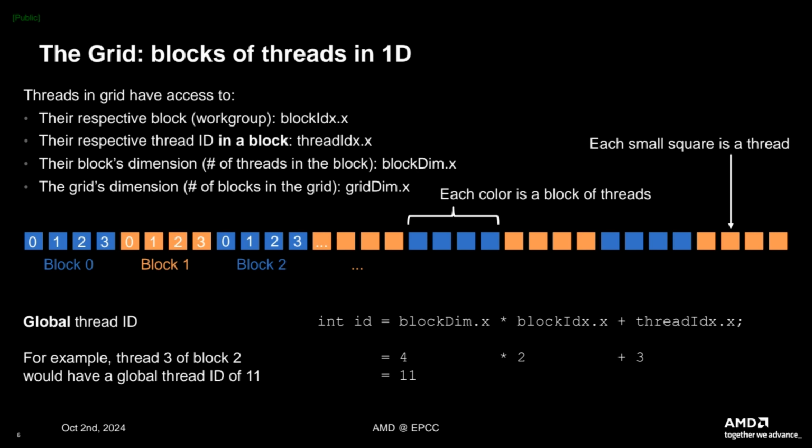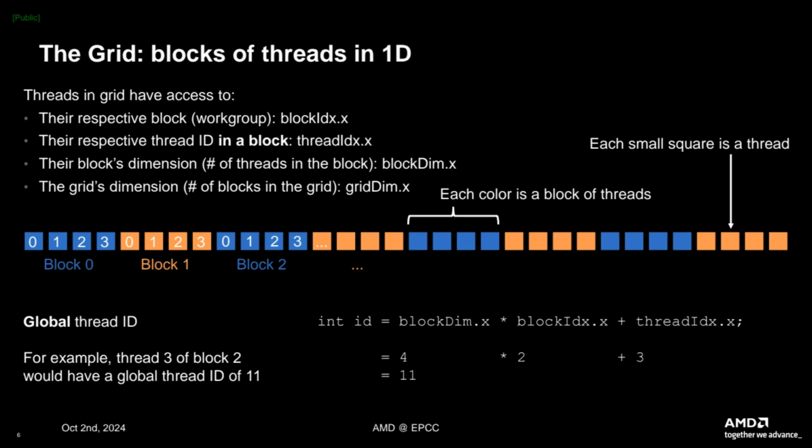So for instance, you could obtain the global ID of a given thread in the grid by using the information that, excuse me, we have just introduced. For instance, this int id could be the global thread ID of thread 3 of block 2. So basically, we can obtain the global ID with this operation here, where the block dimension is 4, meaning that we have 4 threads in the block.